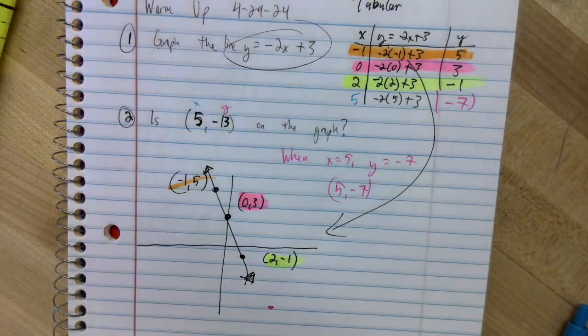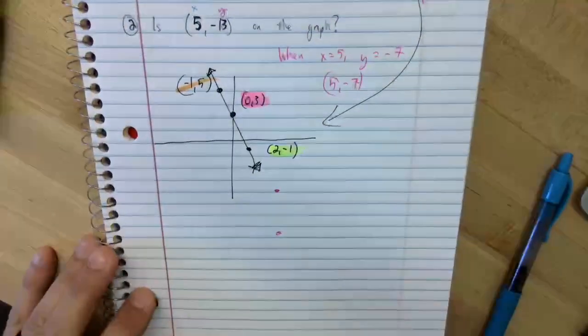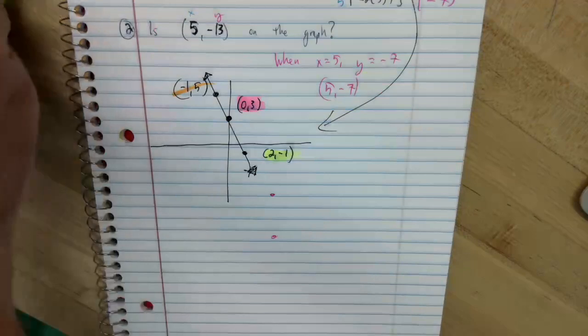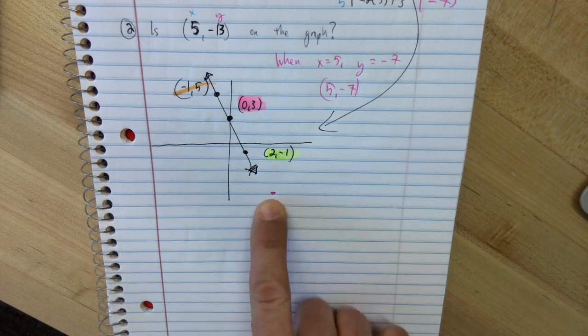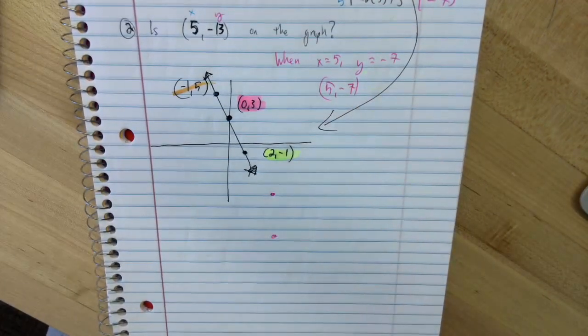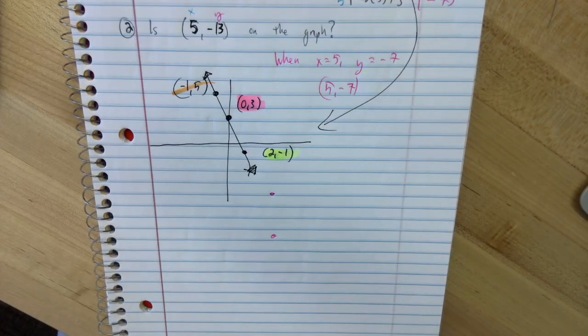And as you'll also learn next year, there's something called a function. Let me just give it to you in simple science fiction terms. If this point is supposedly on a graph and it's 5, negative 7, and the same line has a point 5, negative 13, how can that be true?